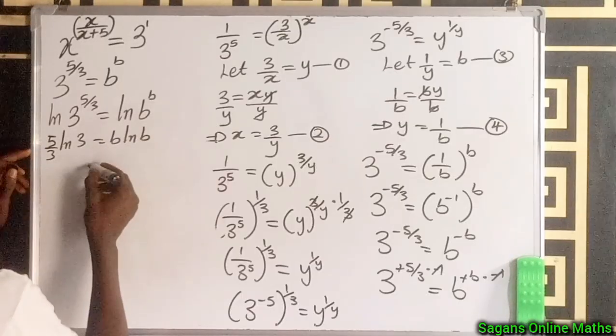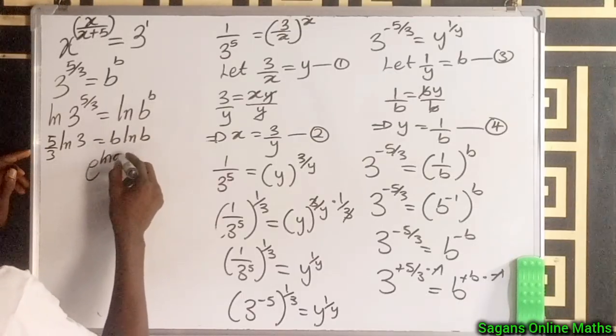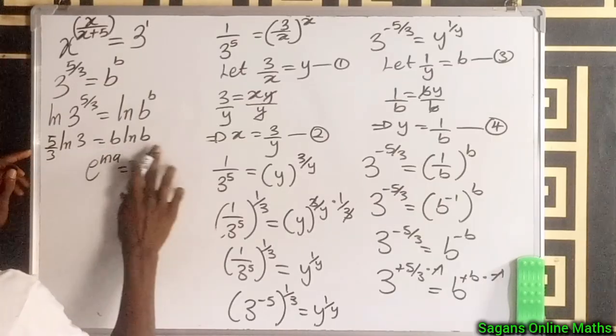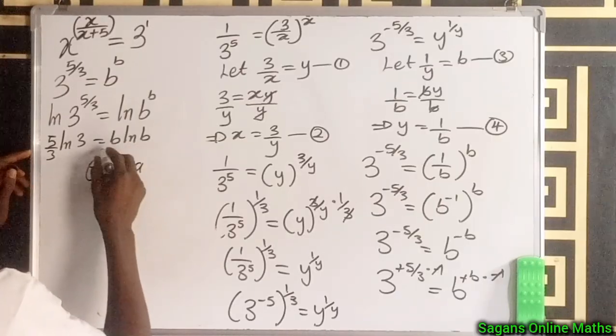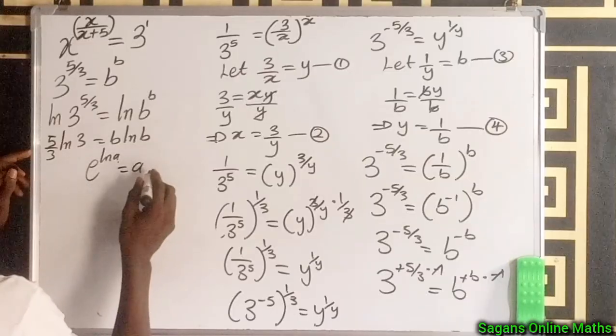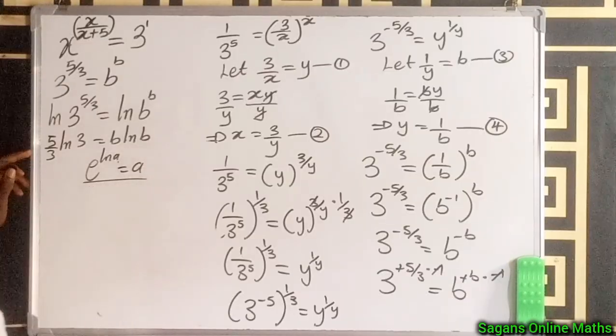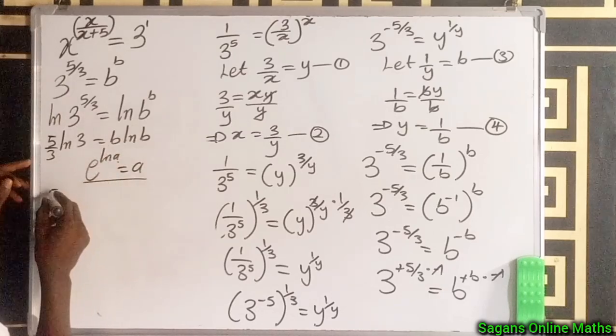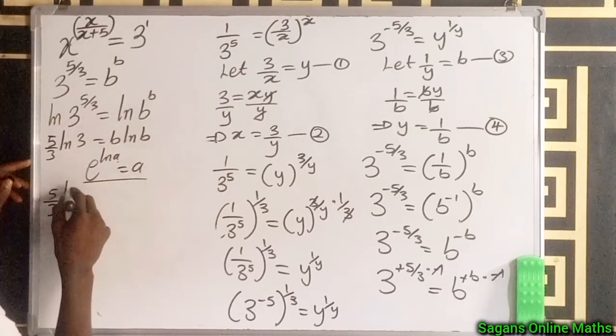And take note that e to the power of ln A equals A by the properties of logarithm. So I'm not wrong if I decide to write this b as 5 divided by 3 ln.